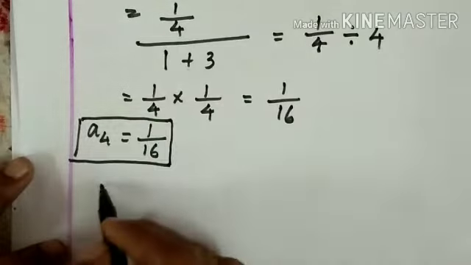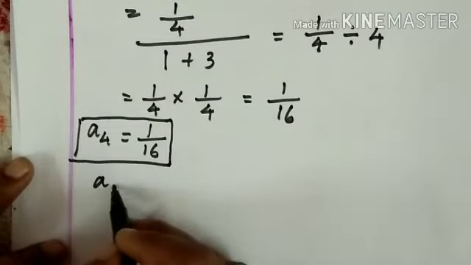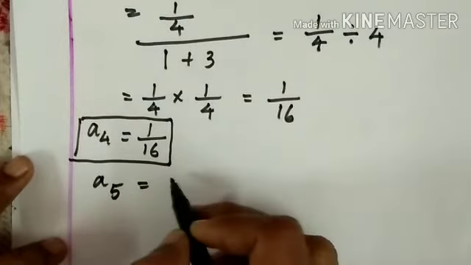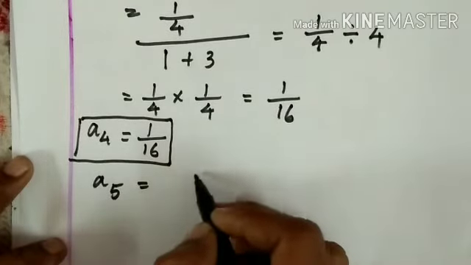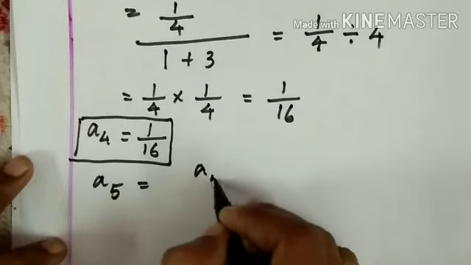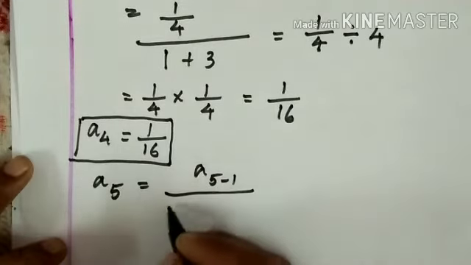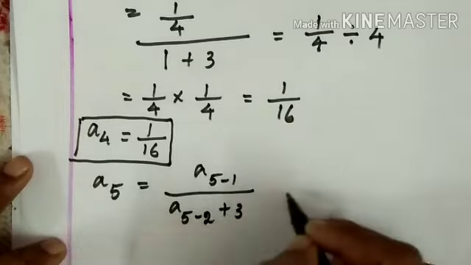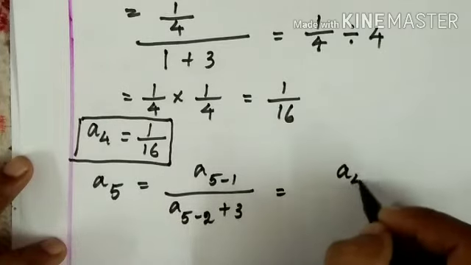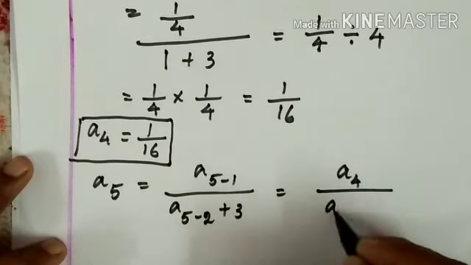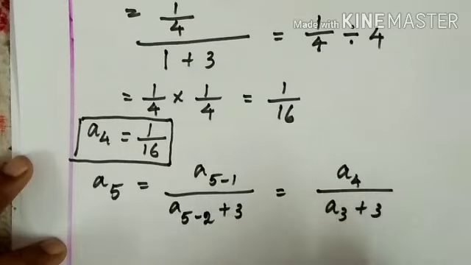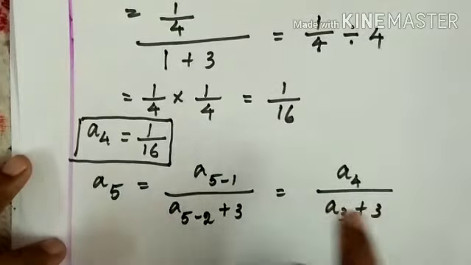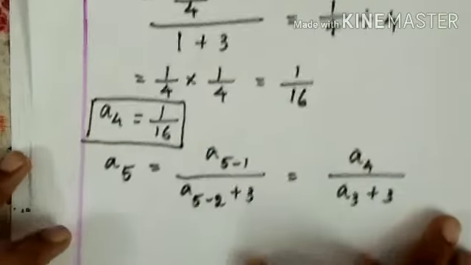Then next you have to find fifth term A5. For n you put 5, then A5 is equal to A5 minus 1 by A5 minus 2 plus 3, that is equal to A4 by A3 plus 3. Therefore, fifth term depends upon the third term and fourth term.